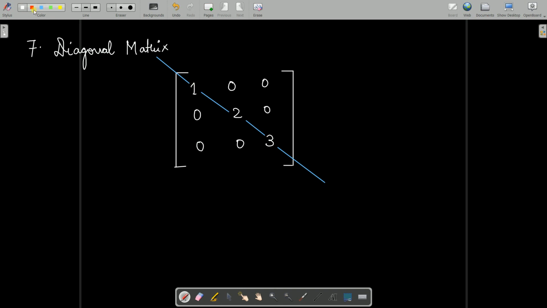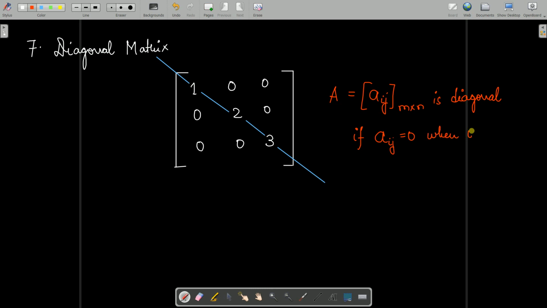So in short I can say, let's say A is equal to Aij, the order, let's say m cross n, is diagonal if the elements, that is Aij, becomes 0. When will it become 0?